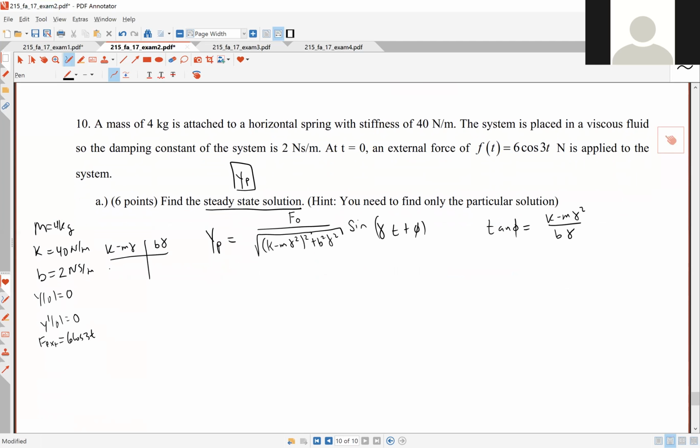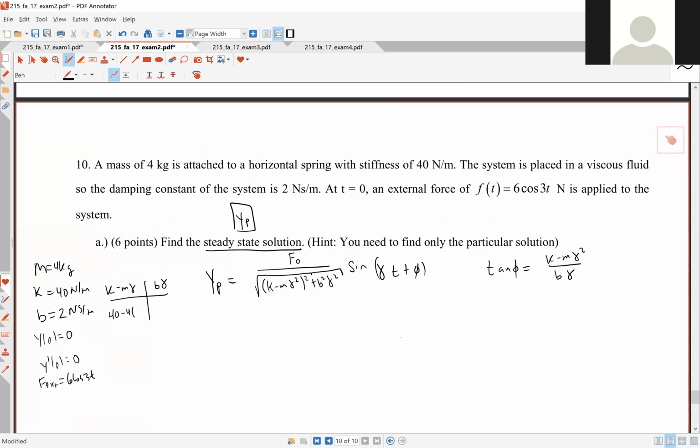K minus m gamma squared is 40 minus 4 times gamma squared, and this is our gamma right here. So we drive it with an external force of F naught cosine gamma t. So F naught is 6 and gamma is 3.